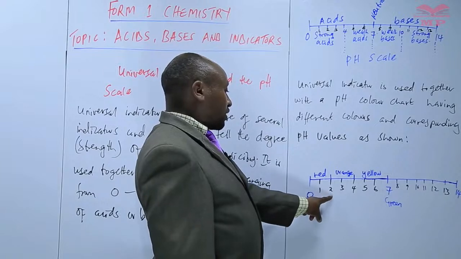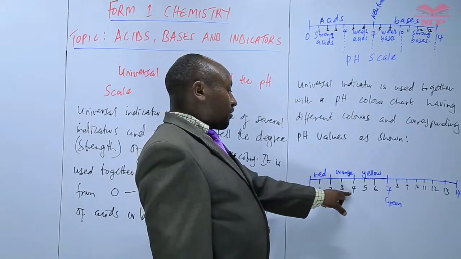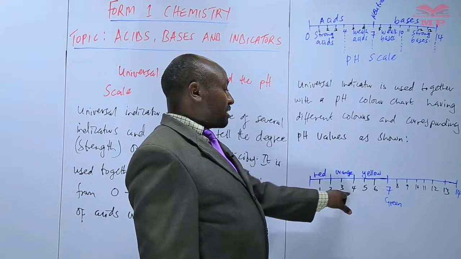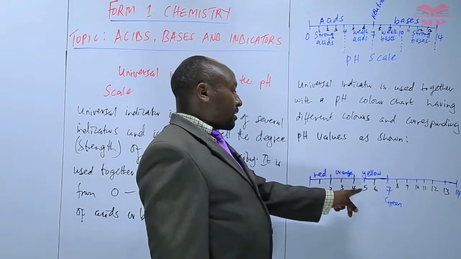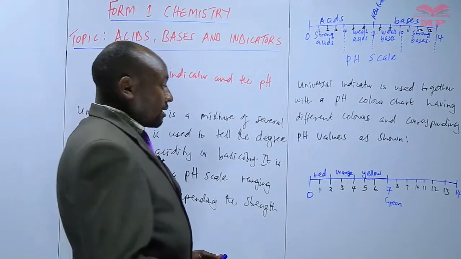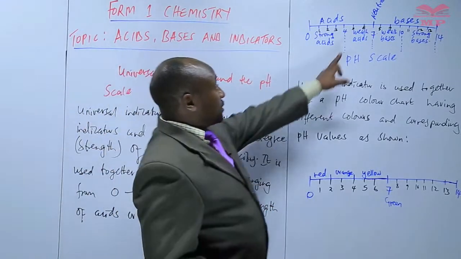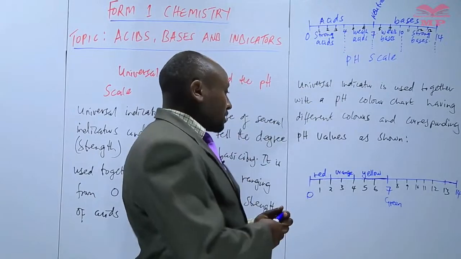So for values of 1 and 2, the color is red. That's a strong acid. 3 and 4 are also strong acids, but if the pH is 5 or 6, the color is yellow, and that is a weak acid. So we can use the chart together with that.